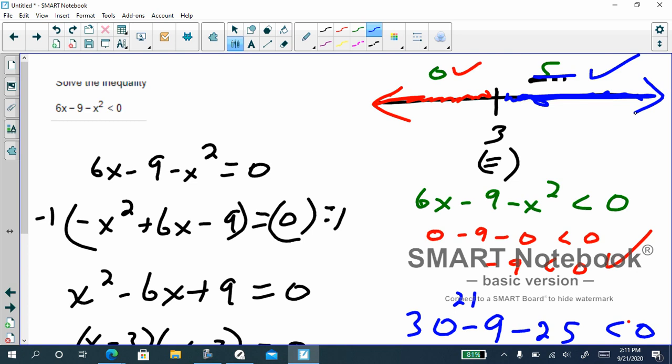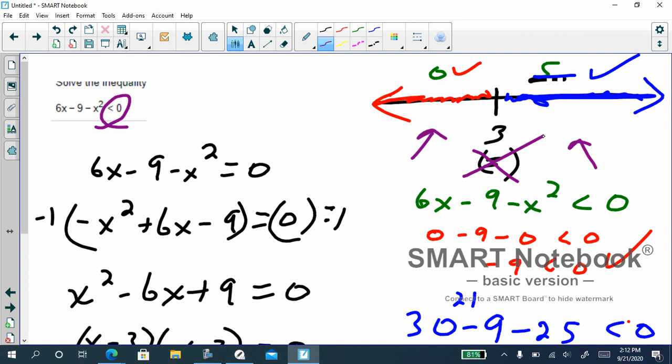So let's look. Everything to the left of 3 is okay. Everything to the right of 3 is okay. But what about 3? Do we include where the two sides are equal? Well, no, we don't. On this one, we only include where it's strictly less than, which is this side and this side. We do not include where it's equal.